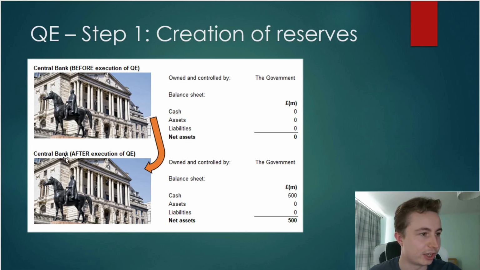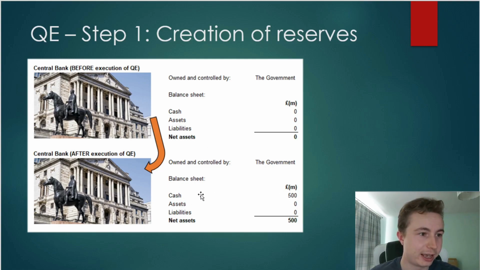So the central bank after the execution of QE. In this example I'm showing, just for example's sake, we're going to say that the central bank runs QE on a given date of £500 million. So after they've executed a quantitative easing program of £500 million, the government balance sheet would look a bit like this.